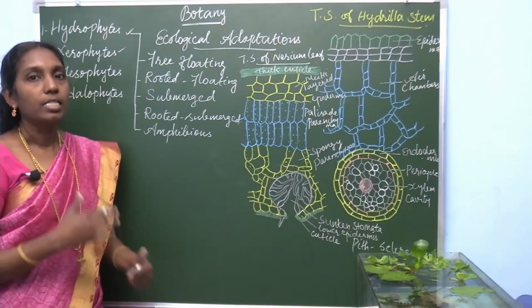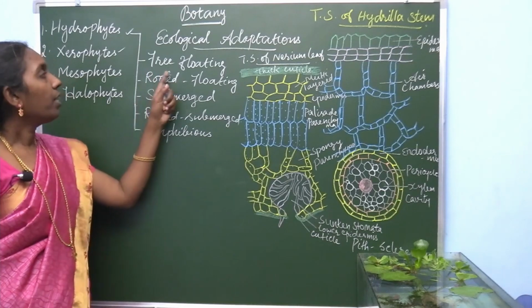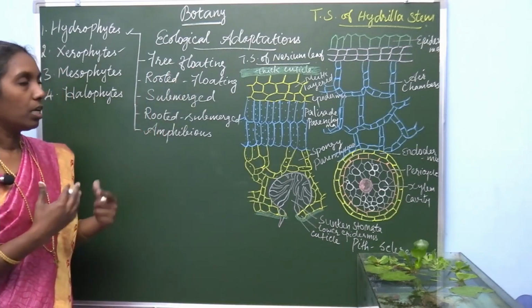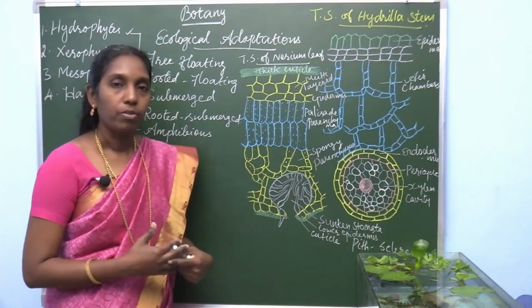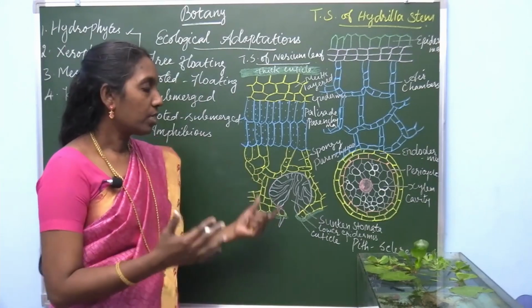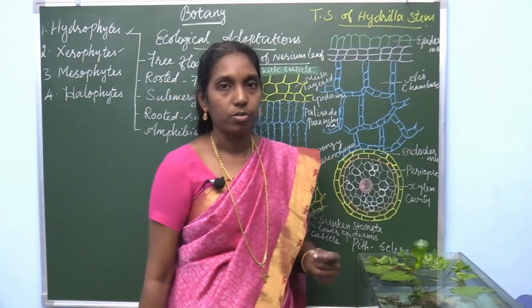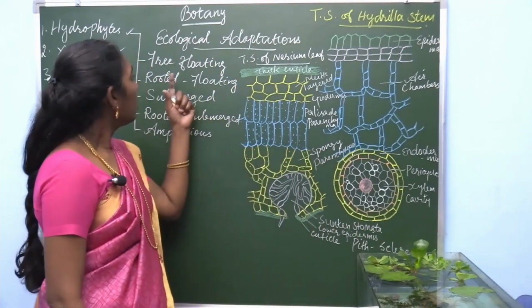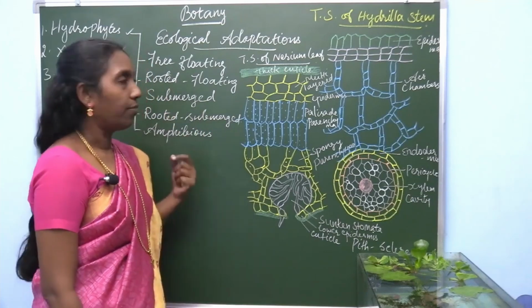Hydrophytes and its adaptations. Free floating hydrophytes. When you look into the aquatic ecosystem, here you can see a small aquatic ecosystem in the form of an aquarium. Here there are different types of hydrophytes.